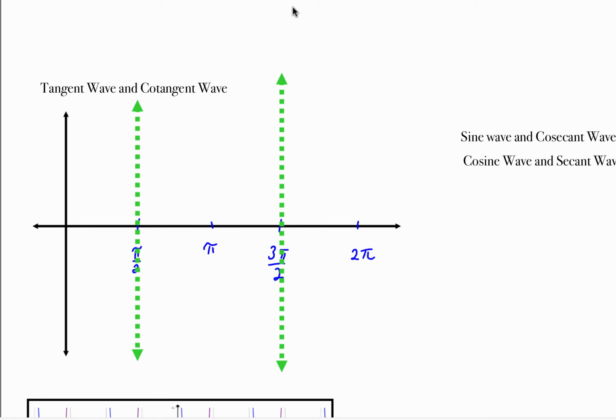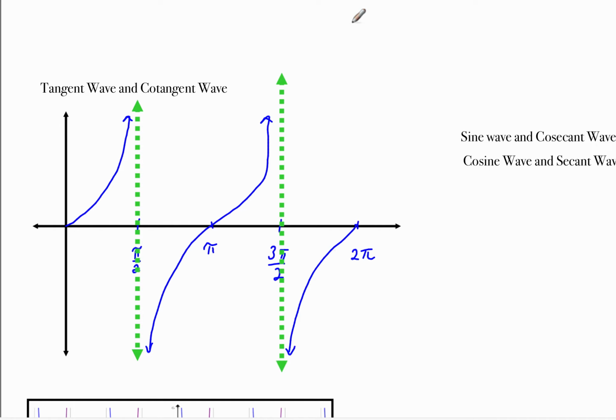It looks like such. It approaches 90, but it never touches it. It approaches 270, but never touches it. So that's what the tangent wave looks like.